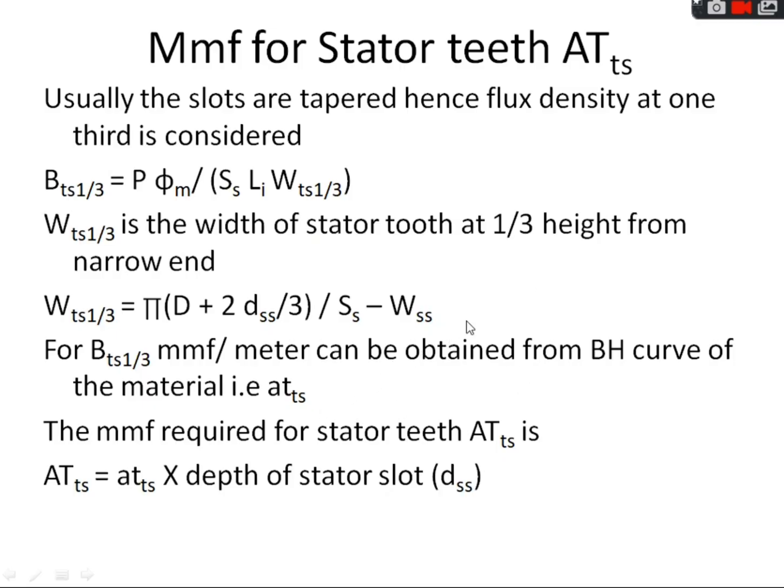Once we know the ampere turns per meter for that given flux density, we can calculate the total MMF required for the stator tooth as the product of ampere turns per meter and the depth of the stator slot. This will give us the magnetomotive force required for the stator tooth.